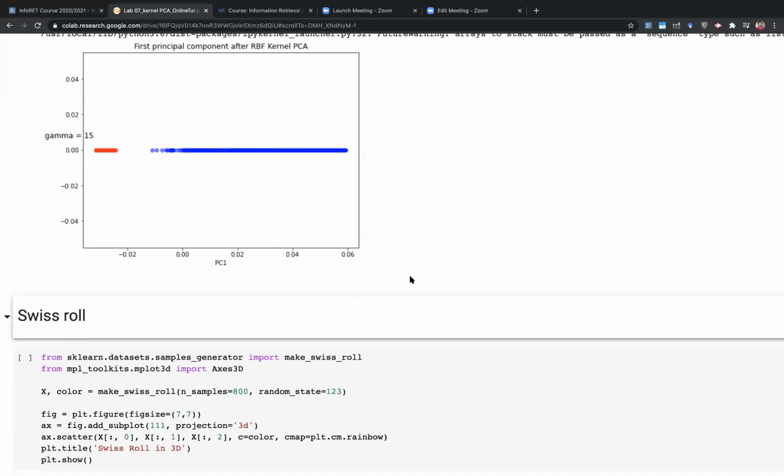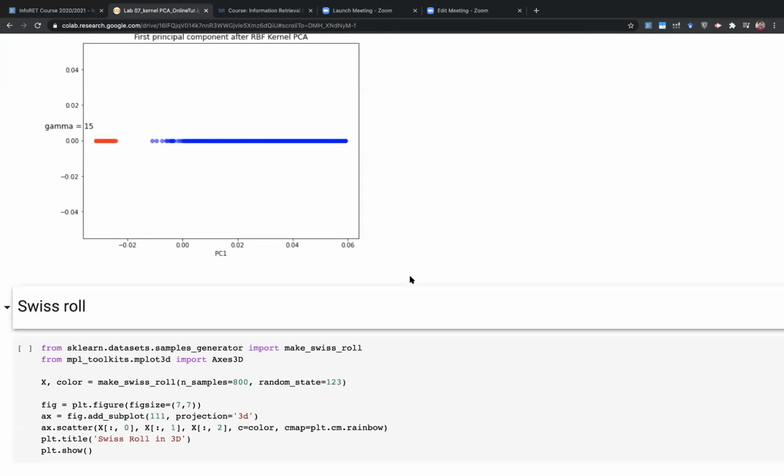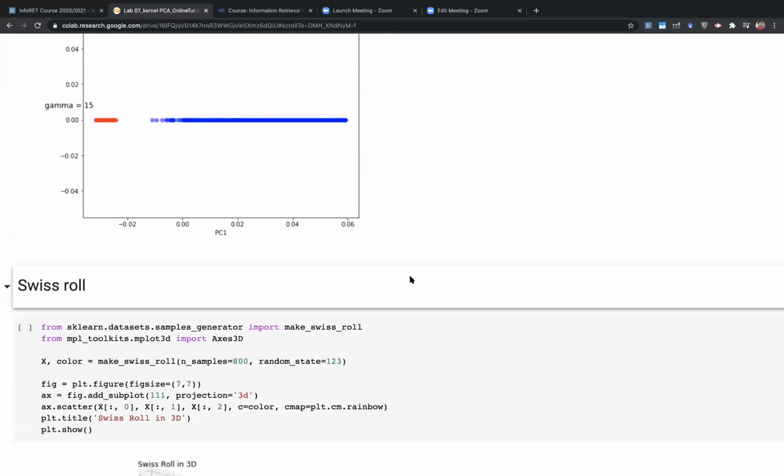This is one of my favorite examples. It's called the Swiss roll example. I don't know whether you guys know Swiss roll. How many of you know Swiss roll? Can you please tell me in the chat? Because I want to see that you guys are listening to me.